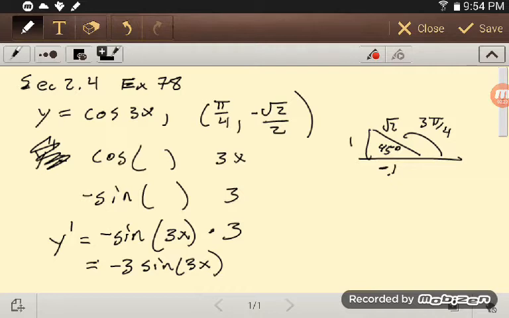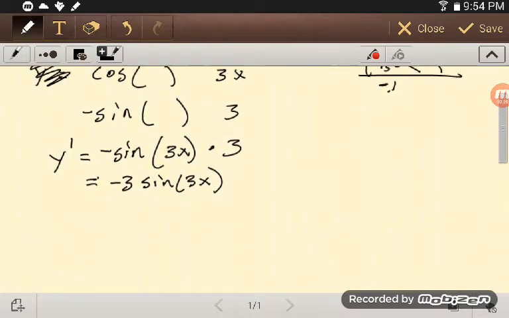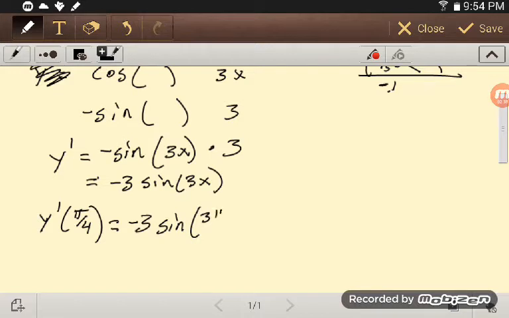So there's our derivative, and now at pi over 4, y prime at pi over 4 is minus 3 sine of 3 pi over 4, and I put pi over 4 in there.